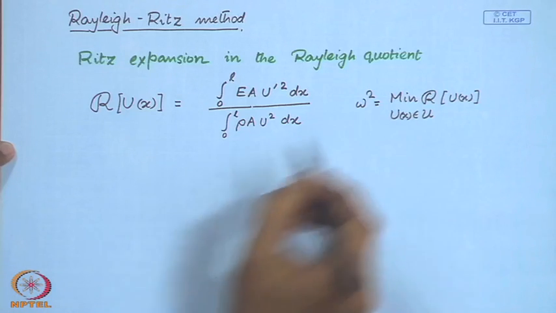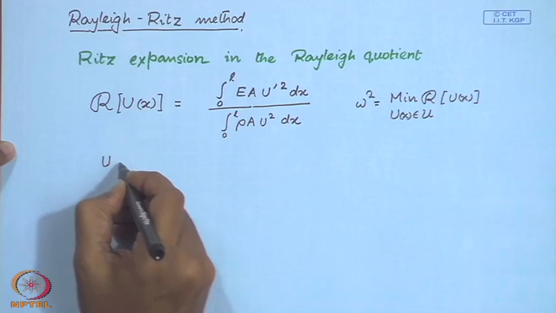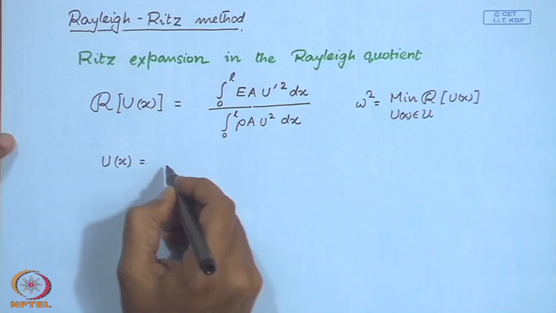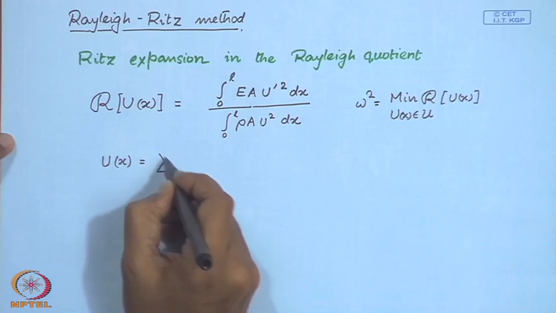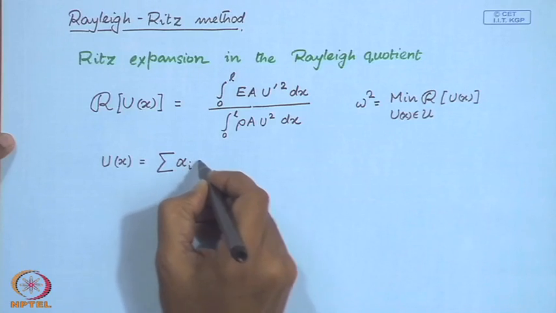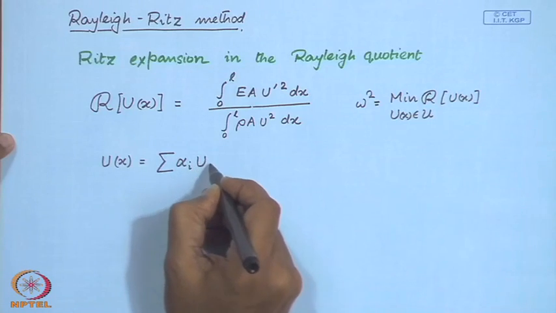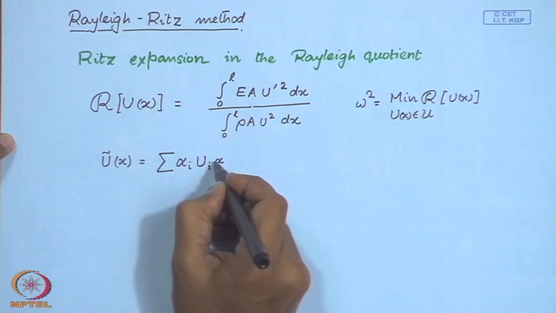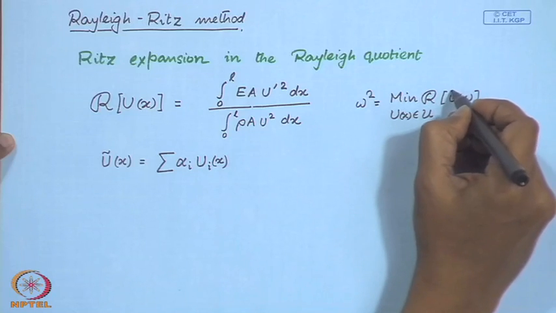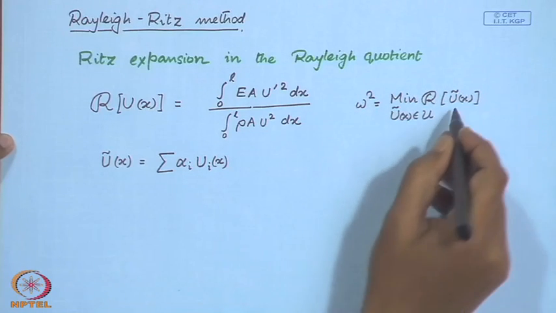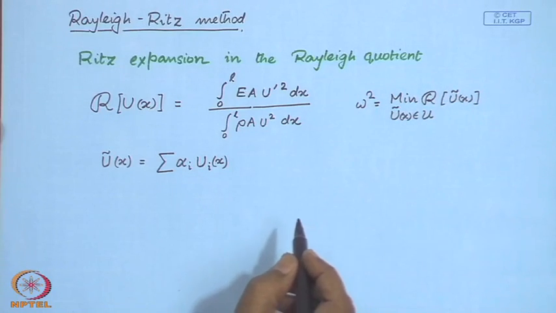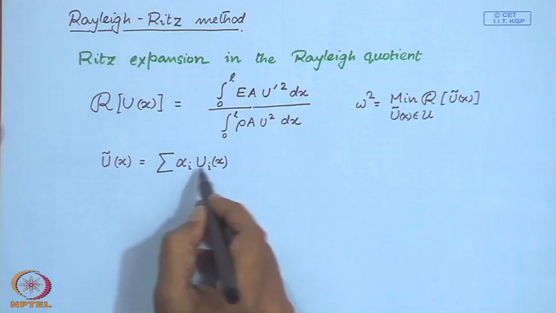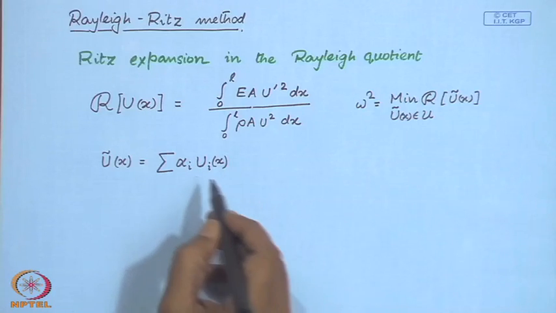Now, this u, the amplitude function, we will expand. I will put a tilde symbol to distinguish this function from the basis functions that we are using.